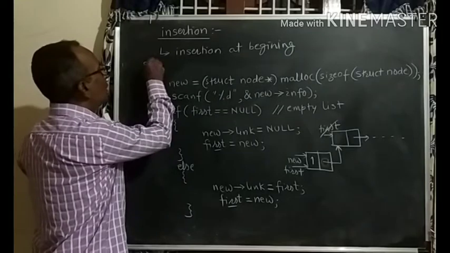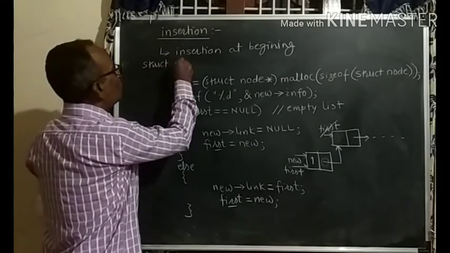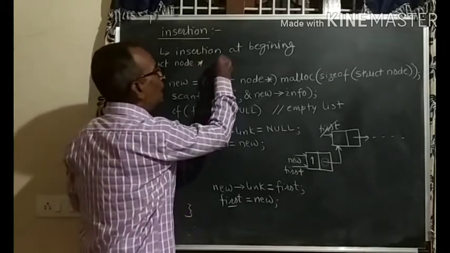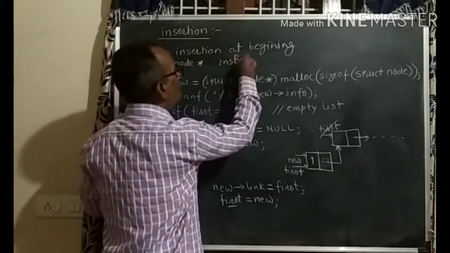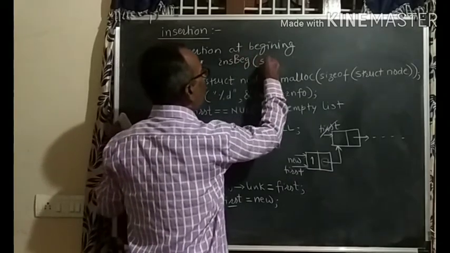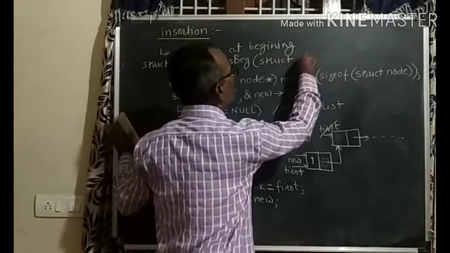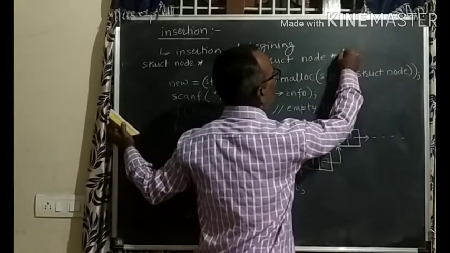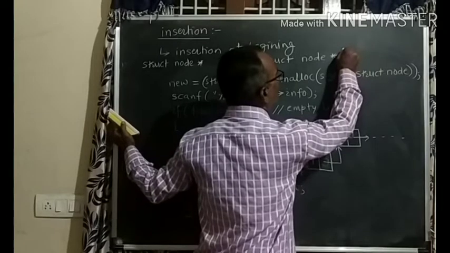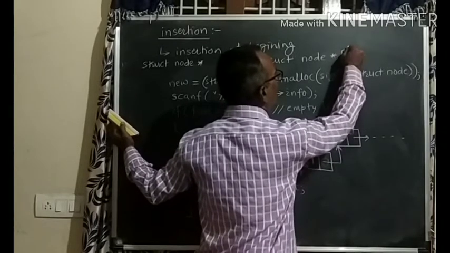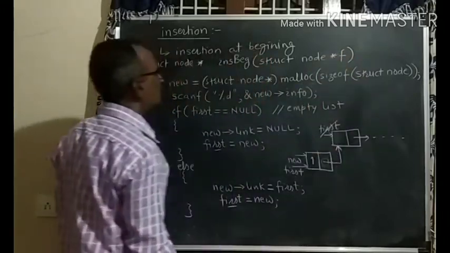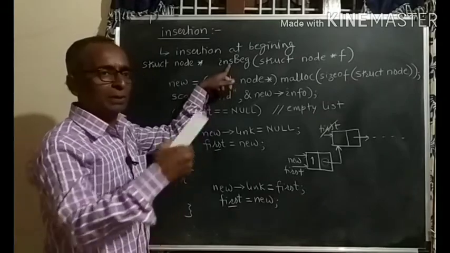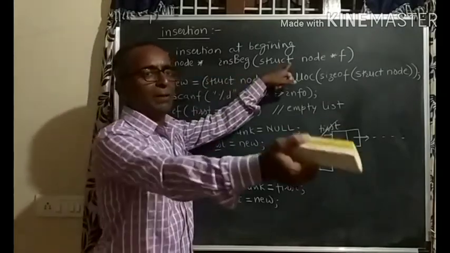So in this case, I'll tell you how to write this function. struct node star is the return type for this function, then insertion at beginning, and call by value I am using struct node star. Suppose I am taking first, I'll write f for short. So what is happening? This is the other person I am giving the address to.